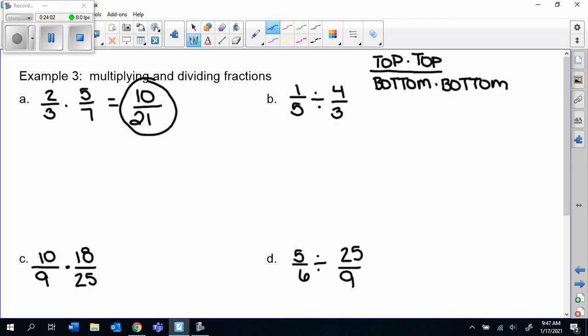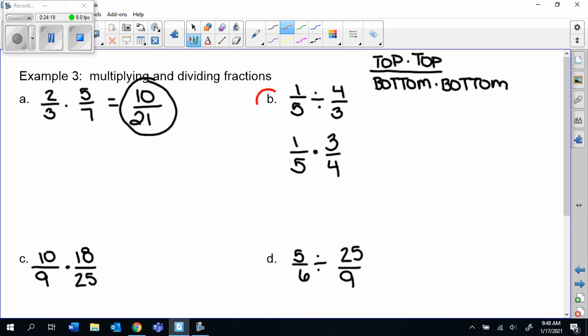On B, also pretty small numbers, but I threw in divide. When you divide fractions, you change it to multiply, and you flip the second fraction.